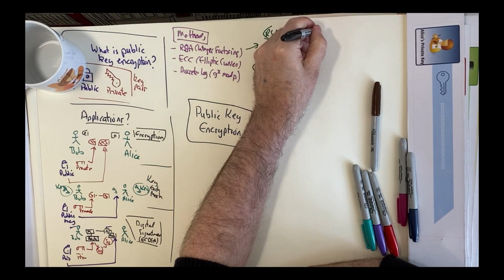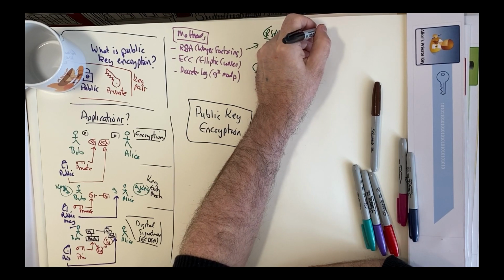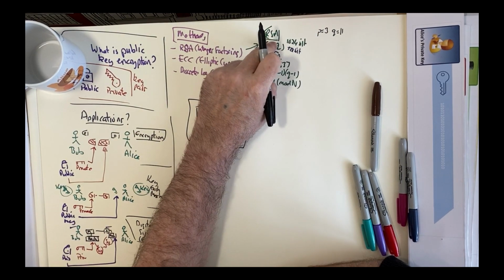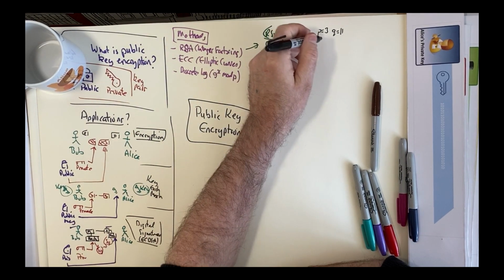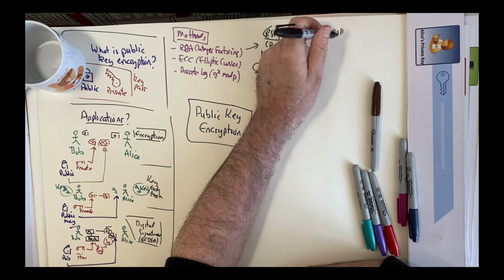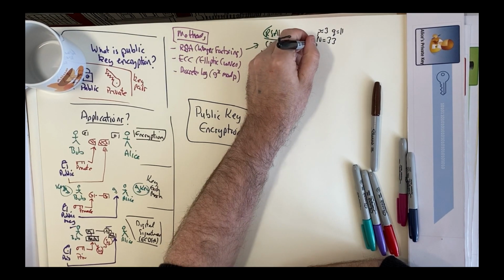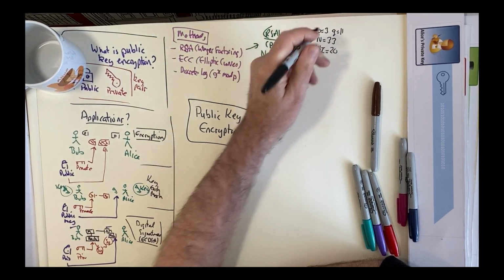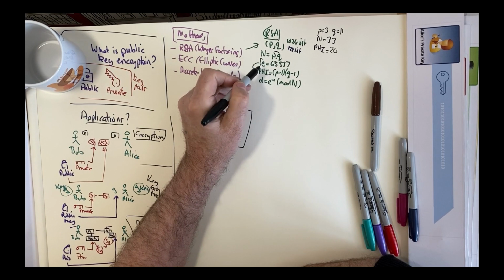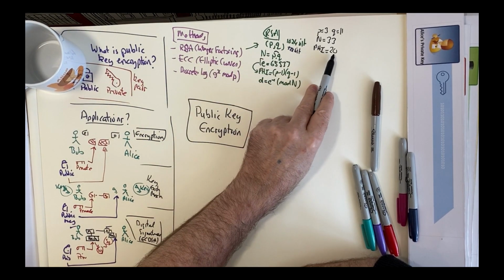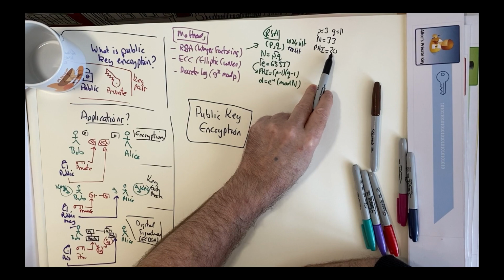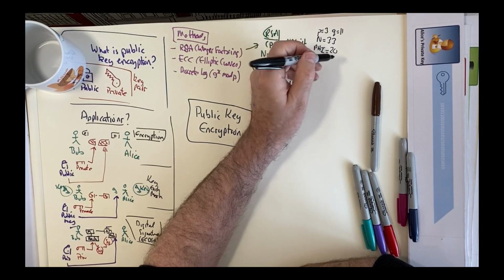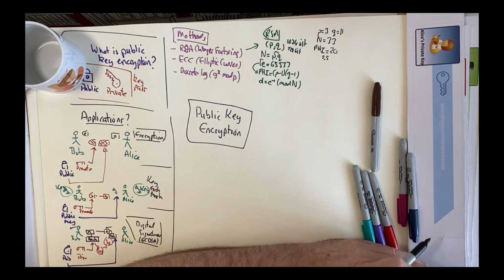Okay, so let's take a value of P equal to 3 and Q equal to 11. Both are prime numbers, so that's fine. We then can calculate n. It's easy, 33. Now we calculate phi, and that's 2 times 10, which is 20. We now need to select E so that it doesn't share a factor with phi. So the factors of 20 are 2, 4, 5, and so on.